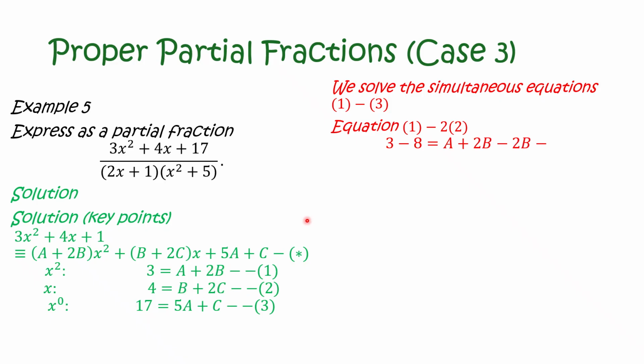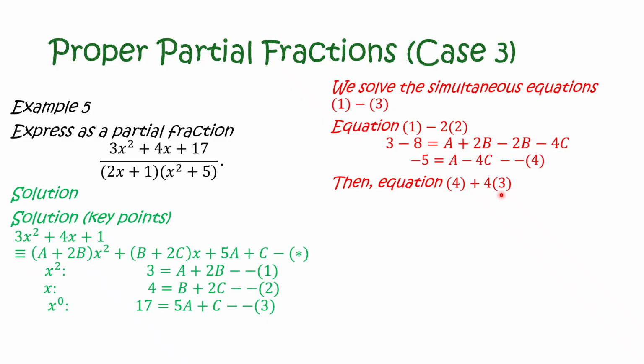If we multiply equation 2 by 2 and subtract that from equation 1, we are simply eliminating the variable B. So we are going to have 3 minus 8 equals A + 2B minus 2B minus 4C, so that we have minus 5 equals A minus 4C, this being equation 4.